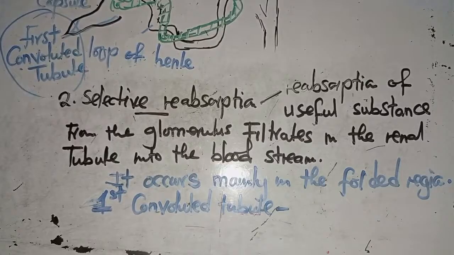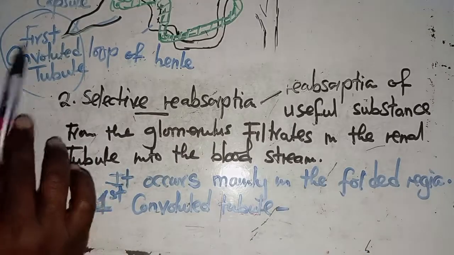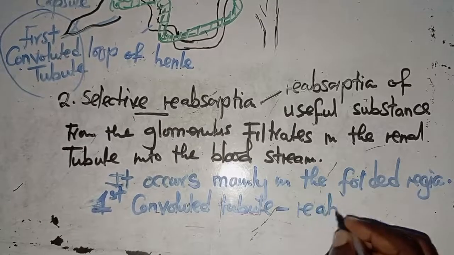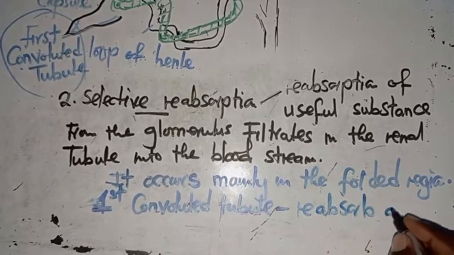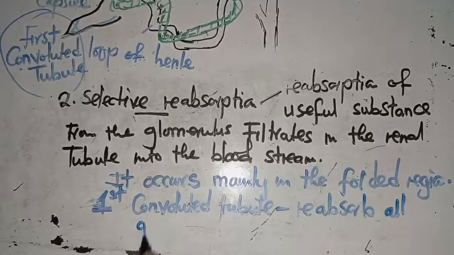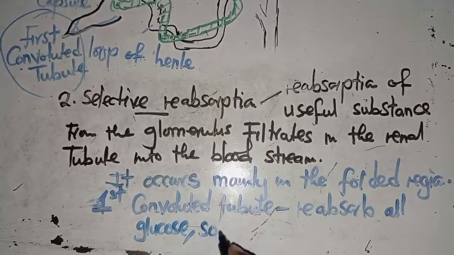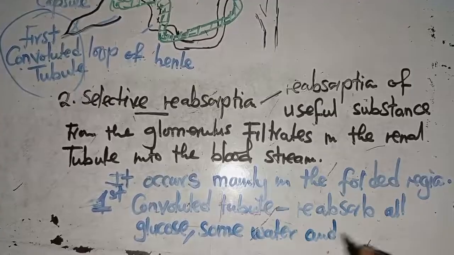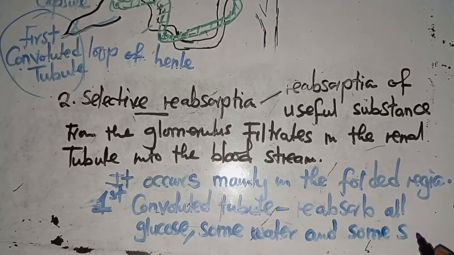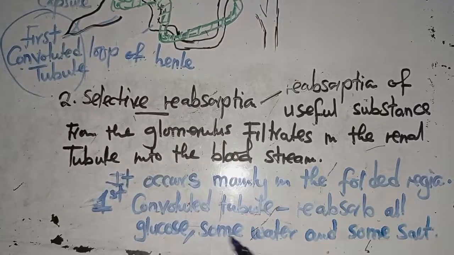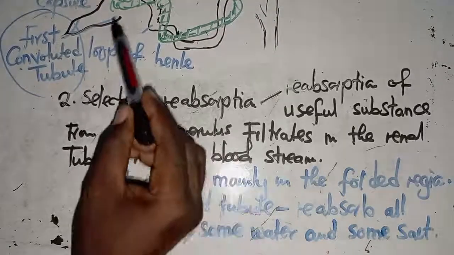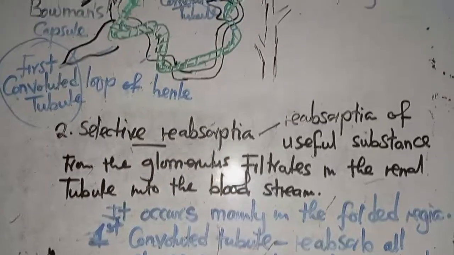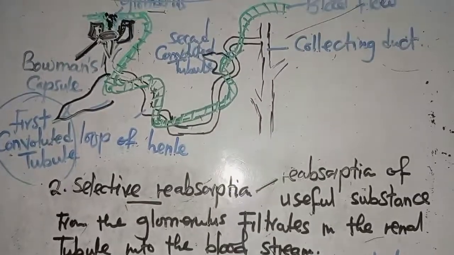At the first convoluted tubule, we get to reabsorb all glucose, and some water, and some salt. This is what is happening at the first convoluted tubule, this part here.